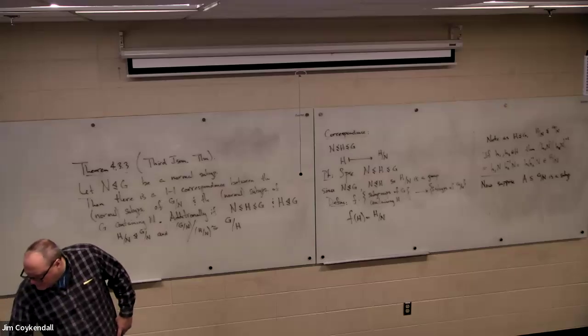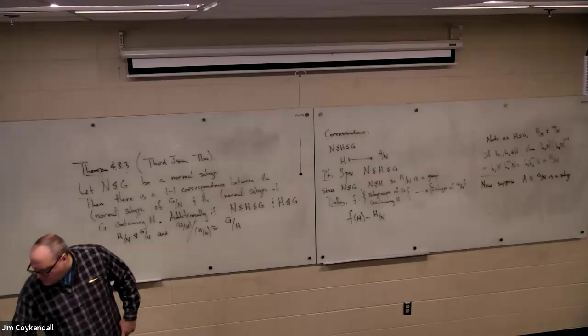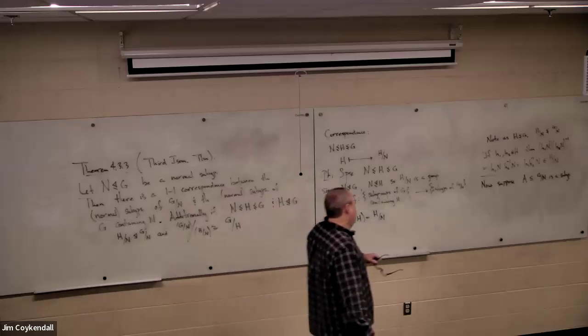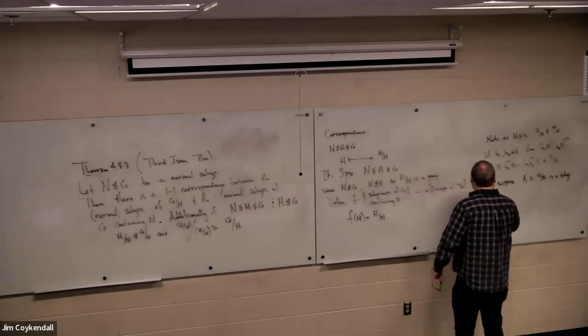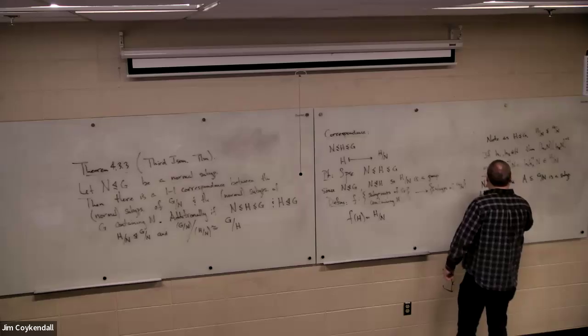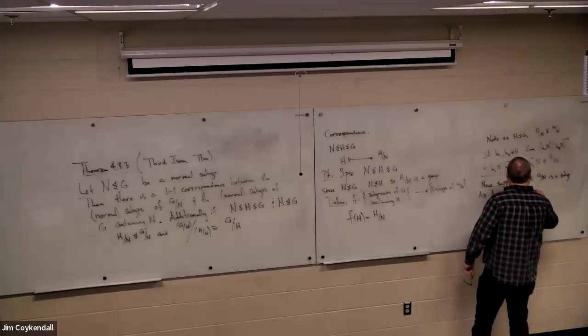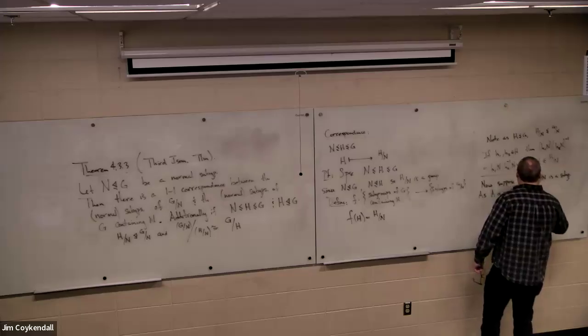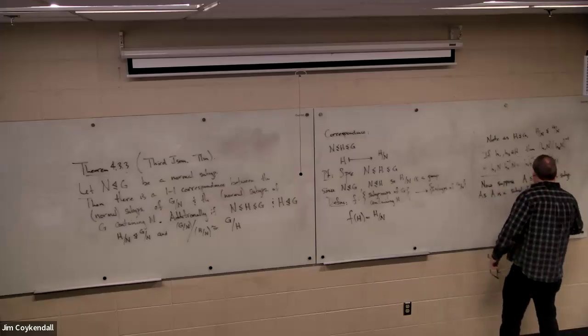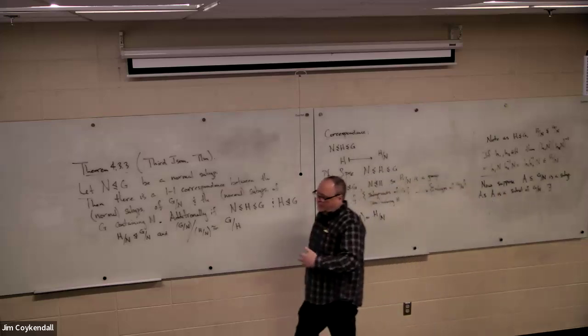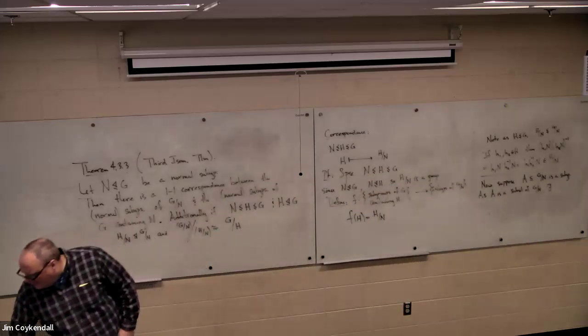Notice that A is a subset of G mod N. So it's a bunch of coset representatives, right?